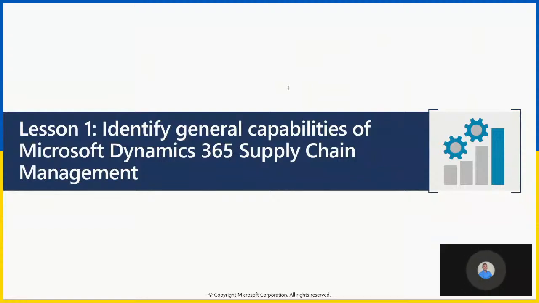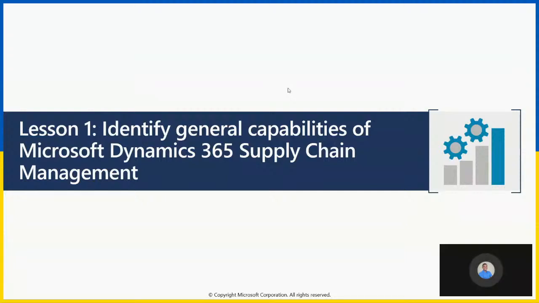Supply chain management also encompasses everything from product development to production and sales. So we can develop our products, we can produce our products, we can purchase our products as well, and we can also make sales of our products.